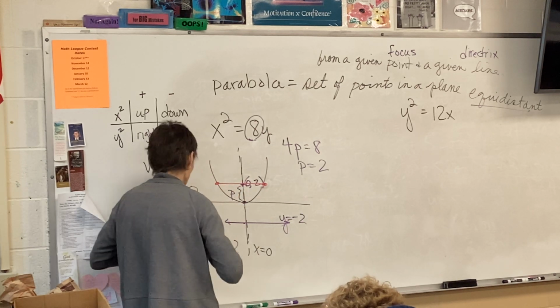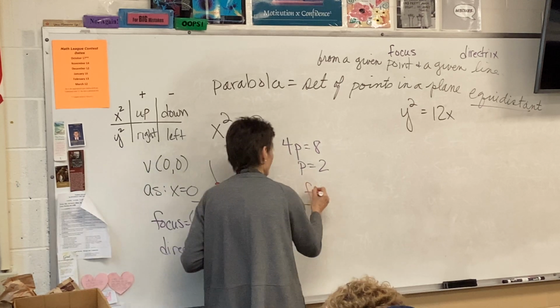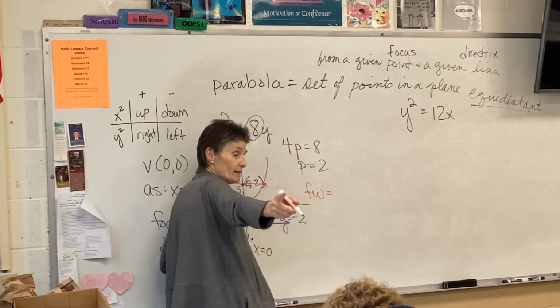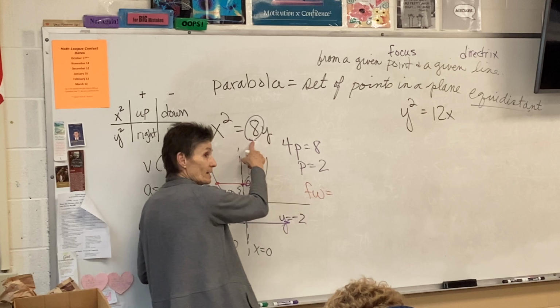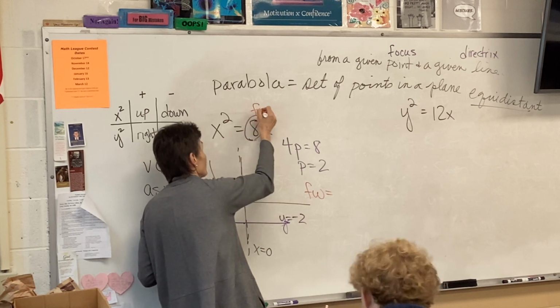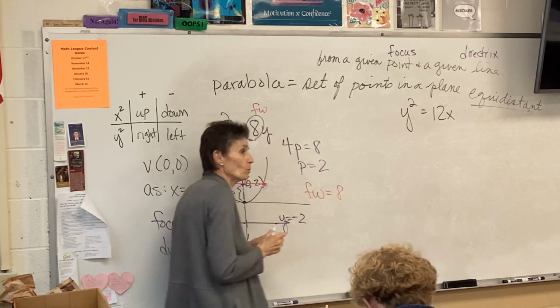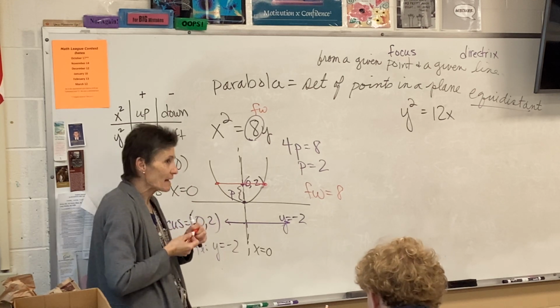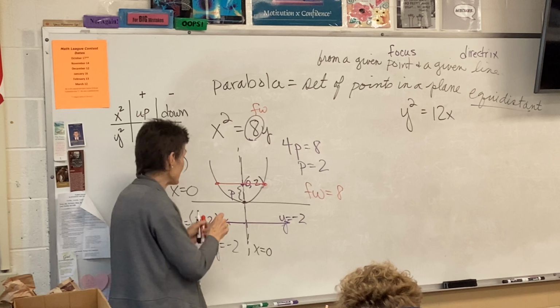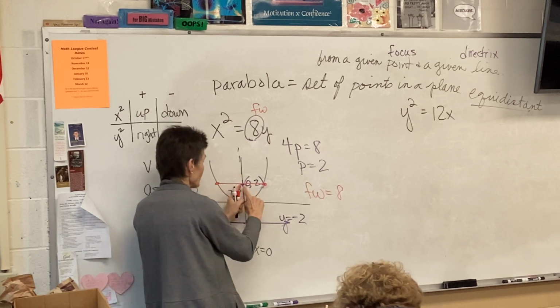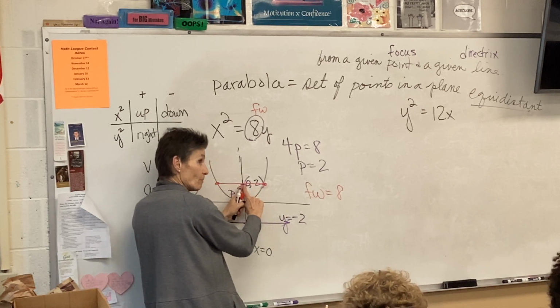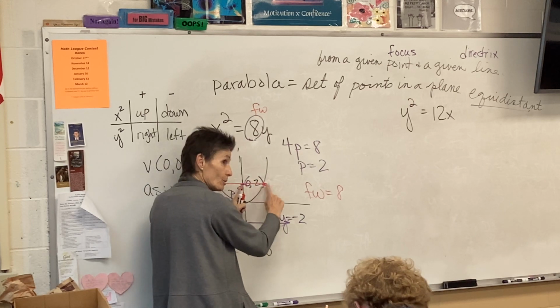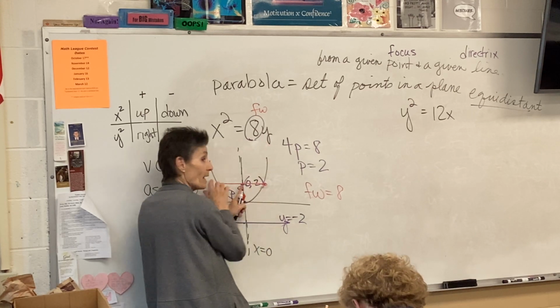But all I care about is, can you tell me what the focal width is? Here's the really good news. That number right there, that's the focal width. So the focal width in this parabola is 8. Now, what does that mean? That means that if you were graphing this accurately, you would start at your focus and go forward 4 and backward 4.